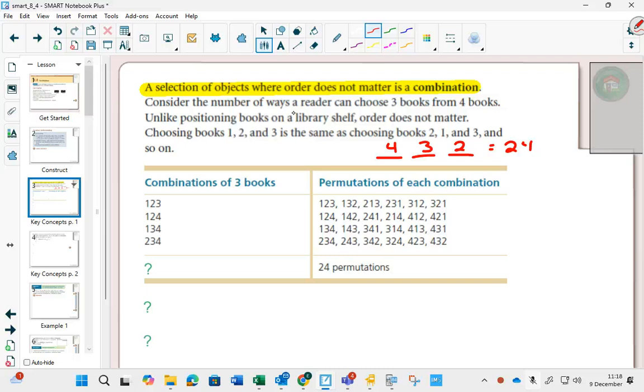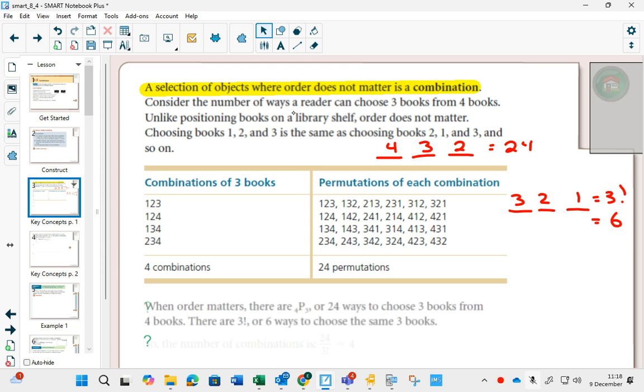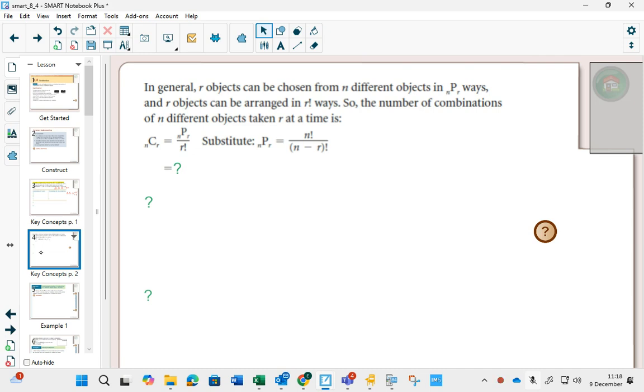How many ways can you order 3 things? 3, 2, 1, or 3 factorial? 6 ways. So if you take all the permutations and divide out the order, because every permutation has 6 orders, you will get the number of combinations. And so our combinations formula is just our permutations formula with the order divided out.